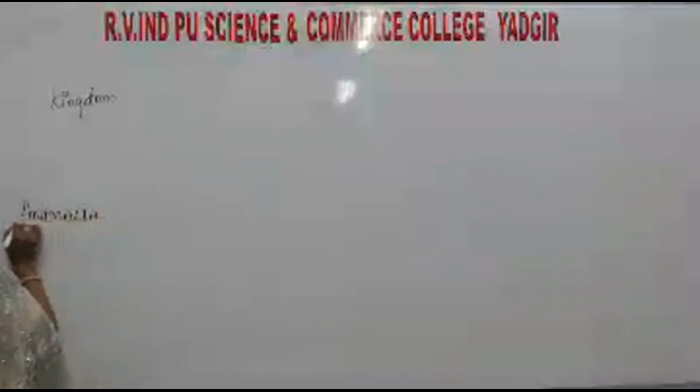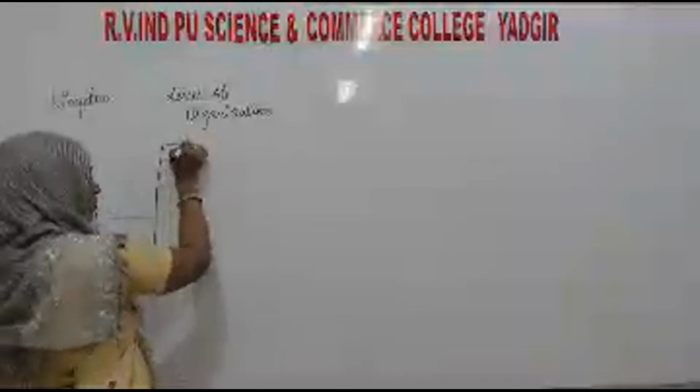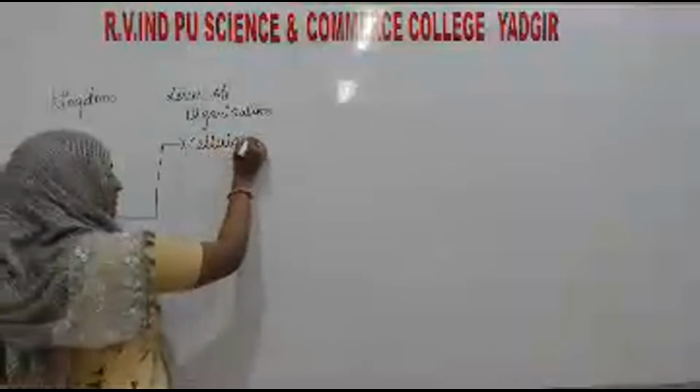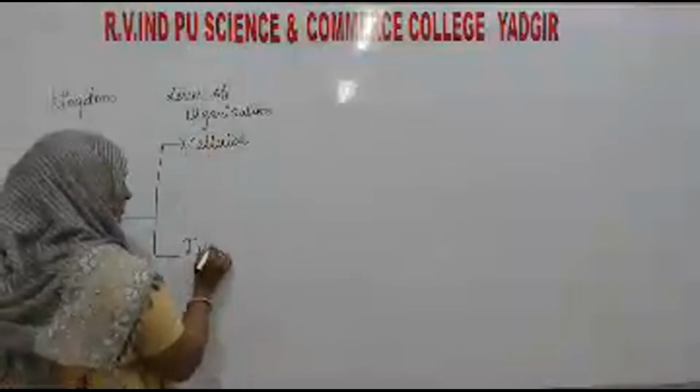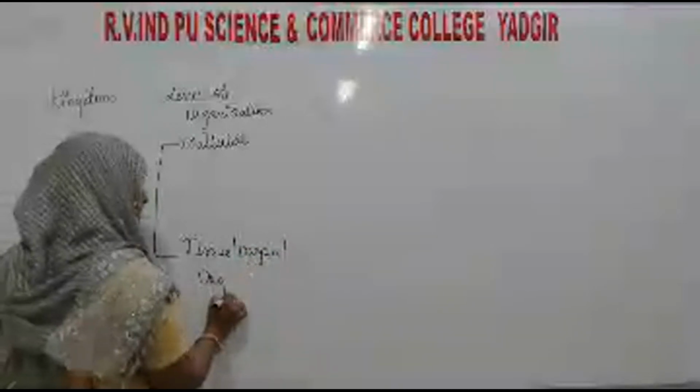Kingdom is Animalia. Next, level of organization. Here, the animal kingdom, on the basis of level of organization, there are cellular level, and tissue or organ system level.